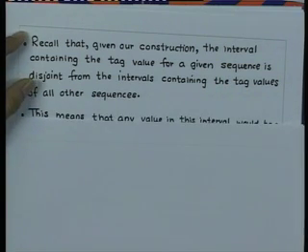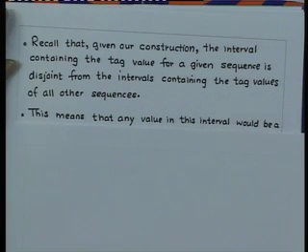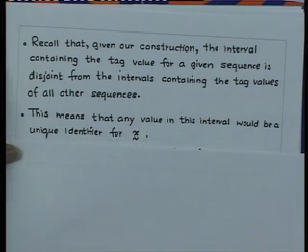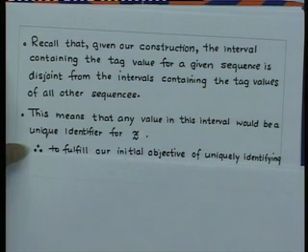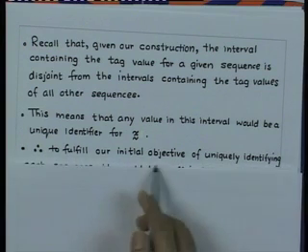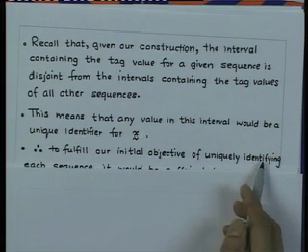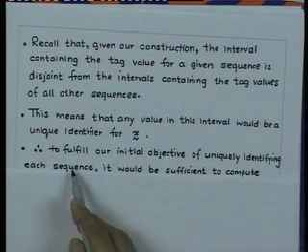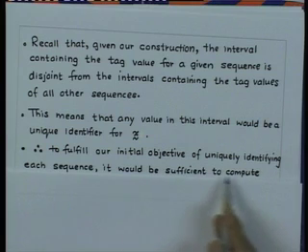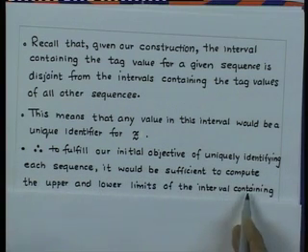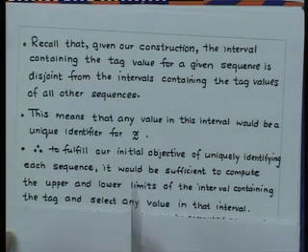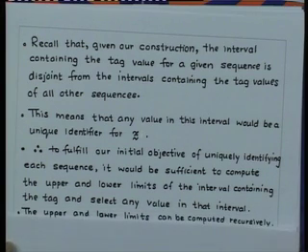What this implies is that any value in this interval would be a unique identifier for the sequence X. Therefore, to fulfill our initial objective of uniquely identifying each sequence, it would be sufficient to compute the upper and lower limits of the interval containing the tag and select any value in that interval.